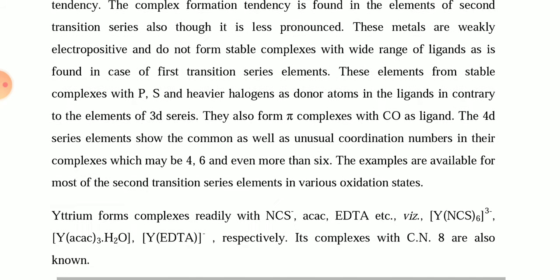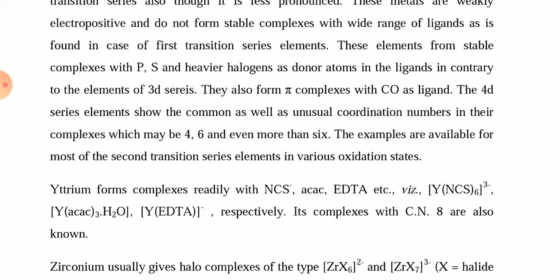The 4d series elements show common as well as unusual coordination numbers in their complexes, which may be 4, 6 and even more than 6. Complexes are available for most of the second transition series elements in various oxidation states.